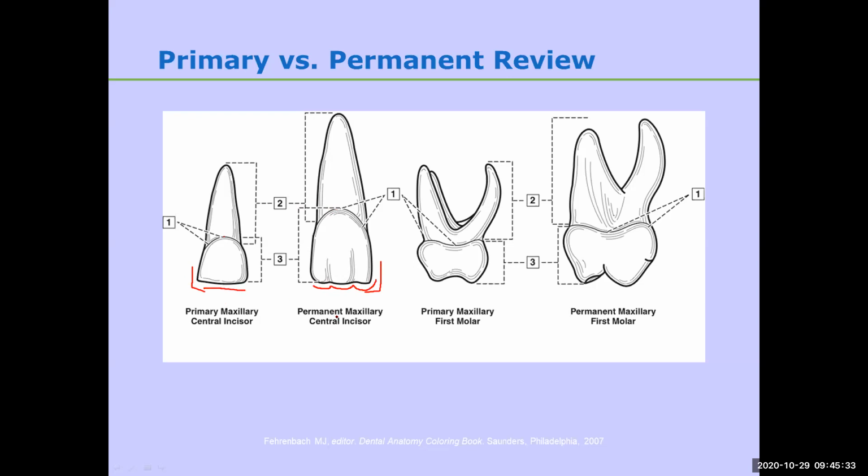They're smaller, and the root can be much longer compared to the permanent counterpart. For the deciduous molars, look at that cervical bulge. Look at the space between the roots. And do you notice the root trunk?